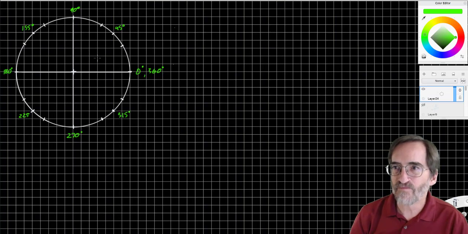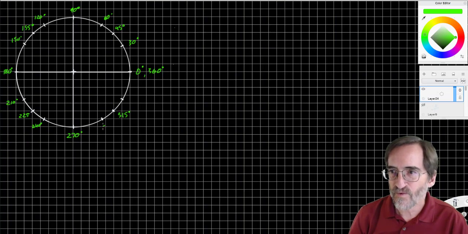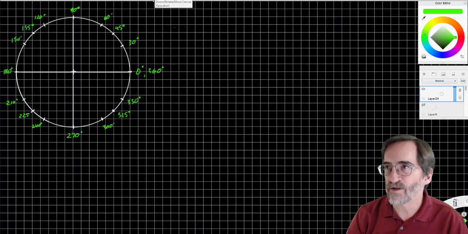Okay, and we count off by 30s: 30, 60, 90, 120, 150, 180, 210, 240, 270, 300, and 330. Okay, so those are the common angles in degrees.